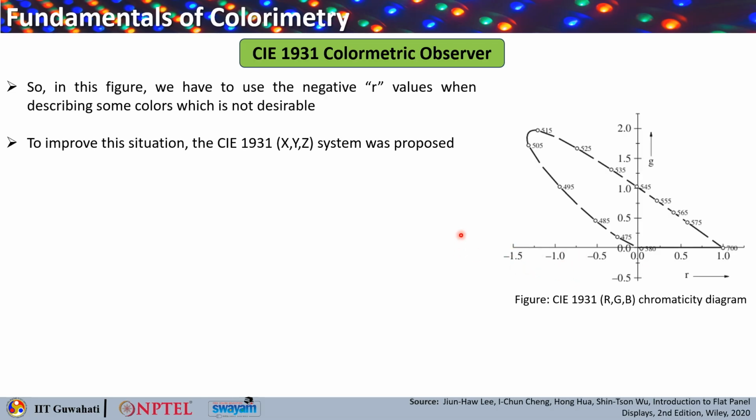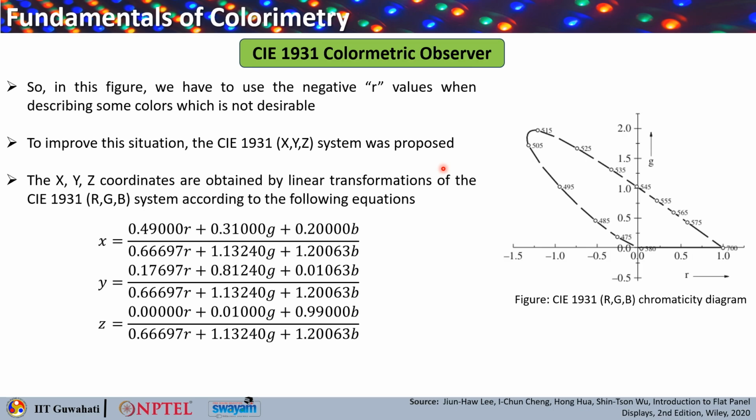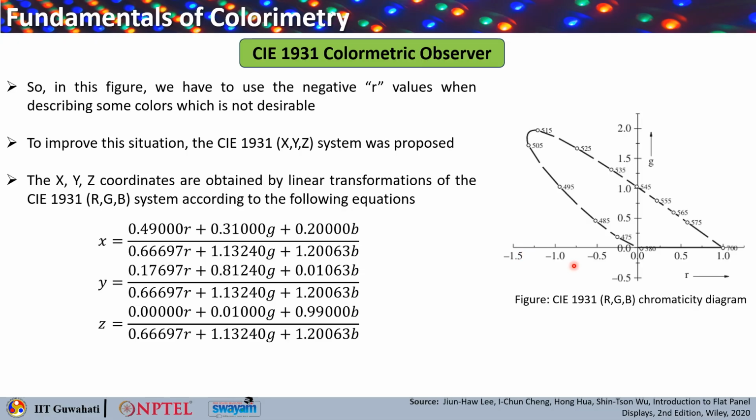To improve this situation, instead of using RGB, the CIE 1931 XYZ system was proposed. So, you are now making a linear transformation from your RGB system to the XYZ system within this 1931 colorimetric space, so that these negative values can be avoided.